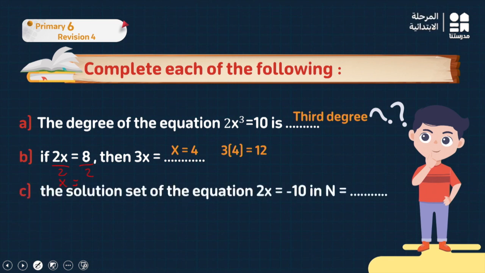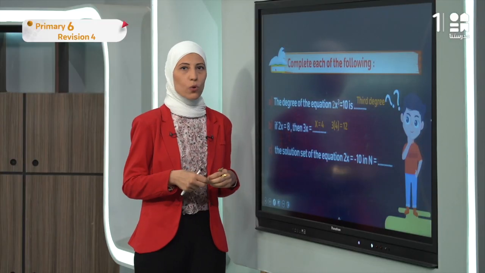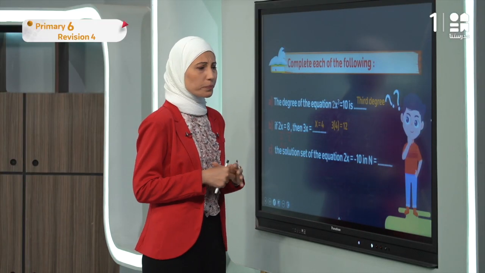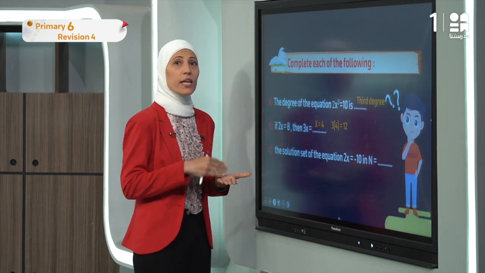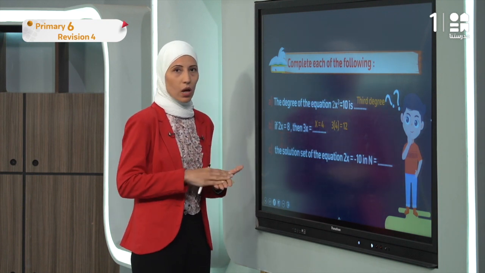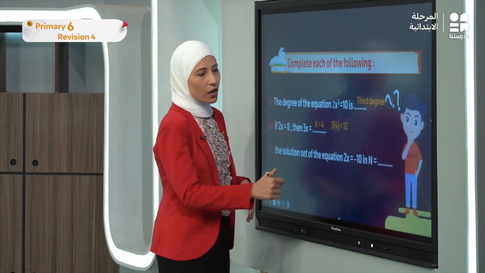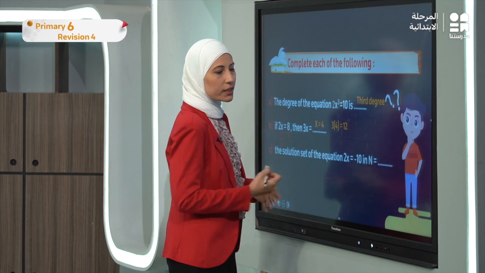The next one asks me about the solution set of the equation 2x equals negative 10 in N. What is the solution set? First of all, I am supposed to find the value of x, then see whether this value belongs to N or not. I make 2x equal negative 10.